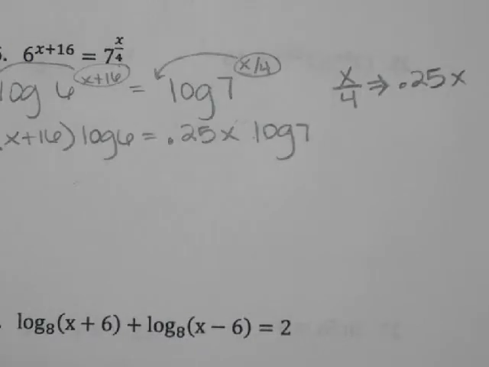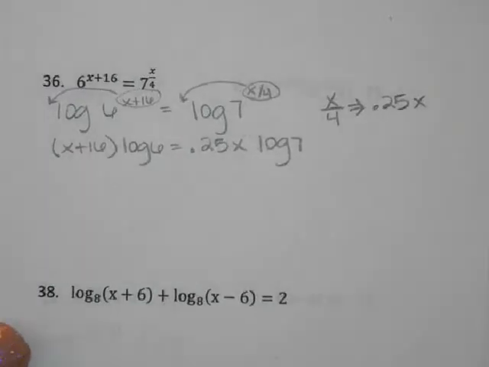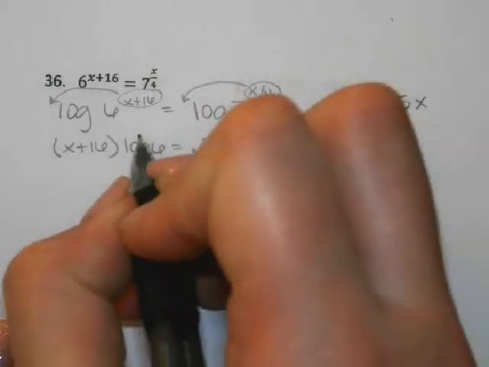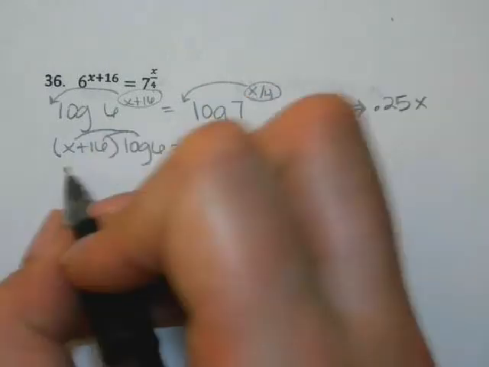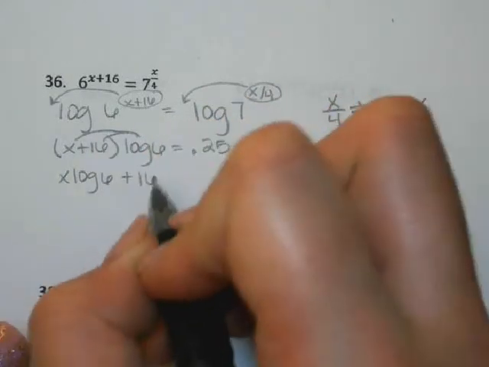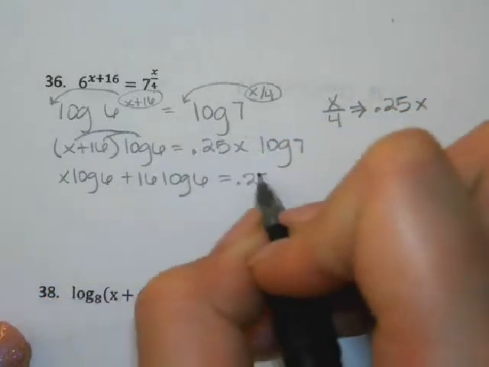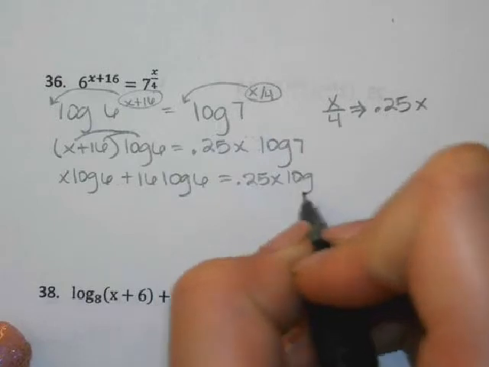At this point, what do I want to do? Has to do with the parentheses. Distribute. I don't want those parentheses anymore. So I'm going to say x log 6 plus 16 log 6 equals 0.25x log 7.